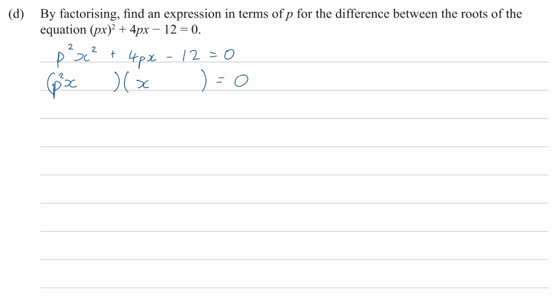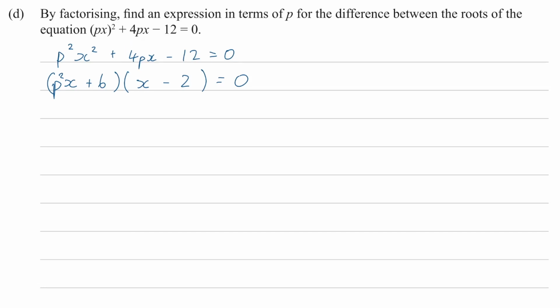So p squared x and x, and two numbers that multiply to negative 12. So we could do 6 and negative 2. And now let's expand to see if we get this middle term, 4px.